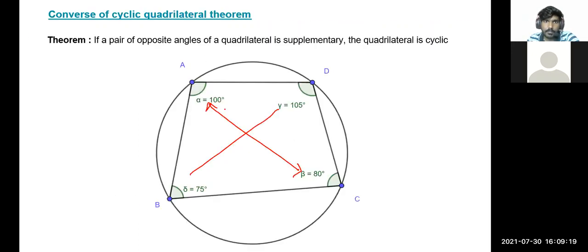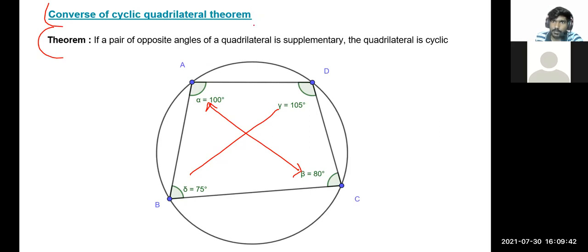Okay, we'll not be doing the proof of this, just the statement. Have you understood what this converse says? Yes. Okay, so write down this theorem, write the heading, converse, and just write down the statement.